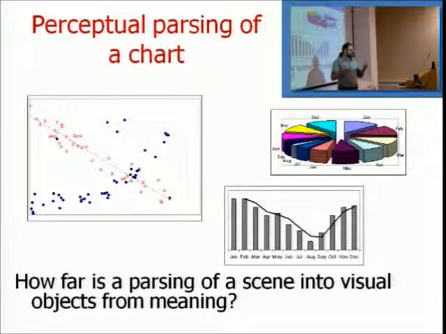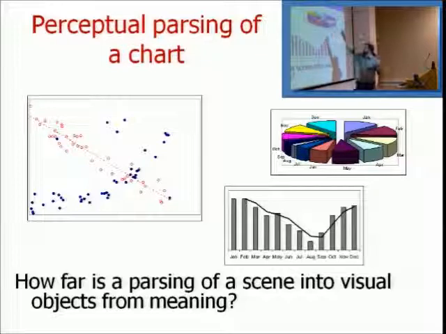Outlier, figure-ground segregation, and grouping kind of work. These things that people see in visualizations, outliers, clusters, and trends, and the principles of perceptual organization are more or less talking about the same process.